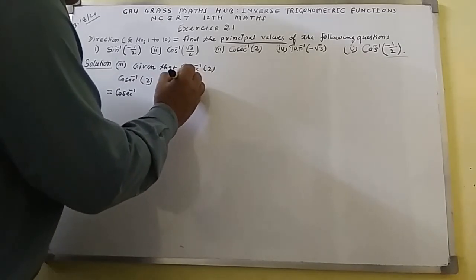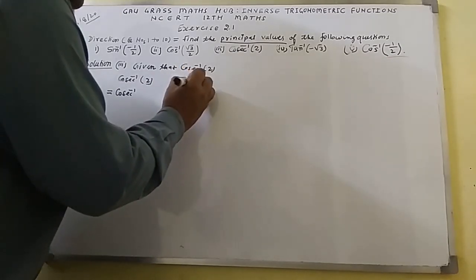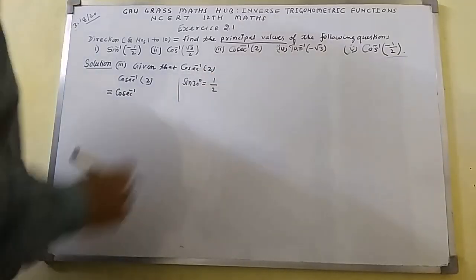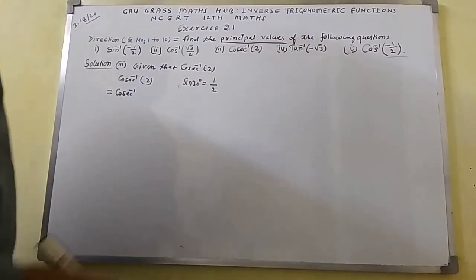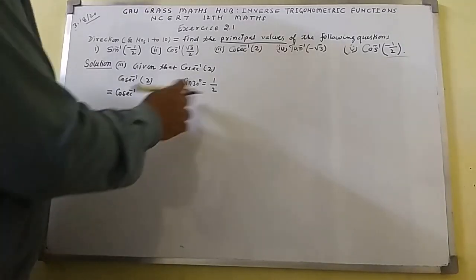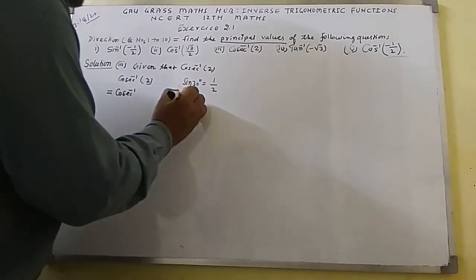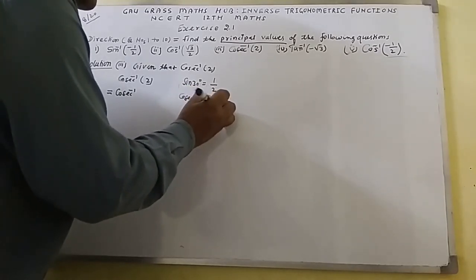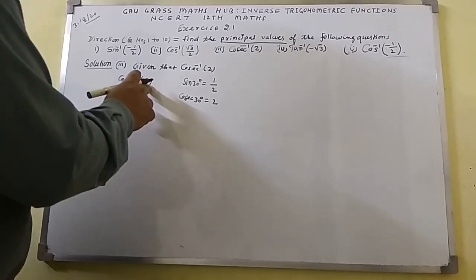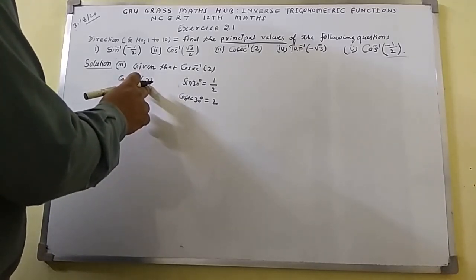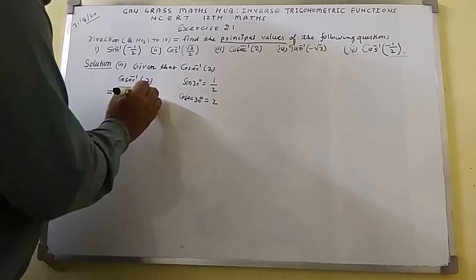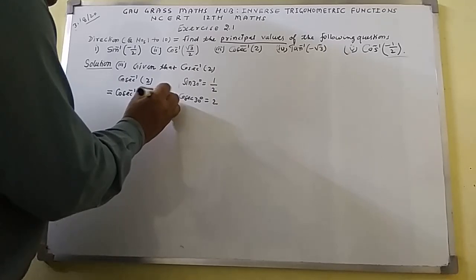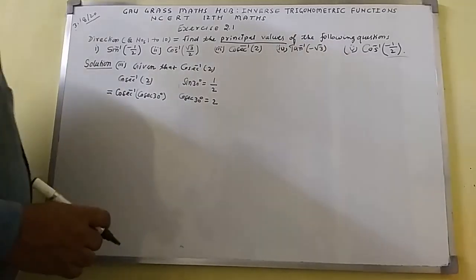You know very well, sin 30 degree equal to 1 over 2, then cosec 30 degree will be 2. So in place of 2 here, I can write cosec 30 degree, in bracket cosec 30 degree bracket close.